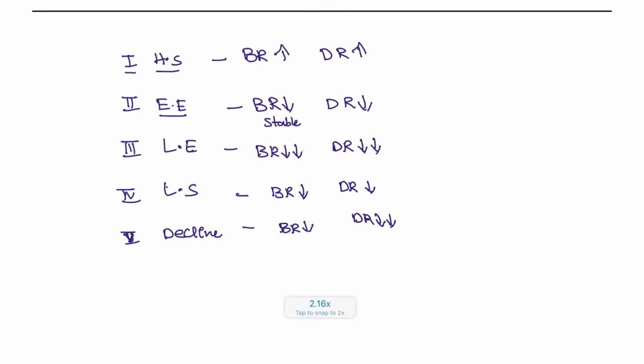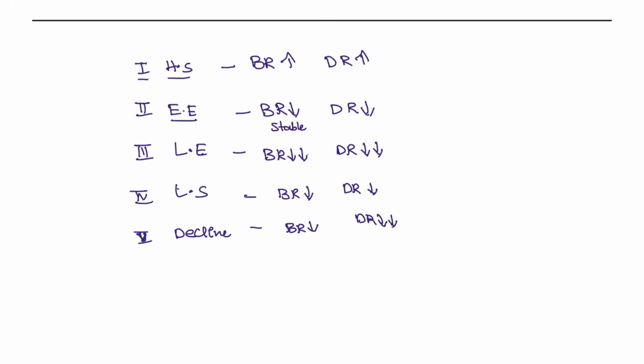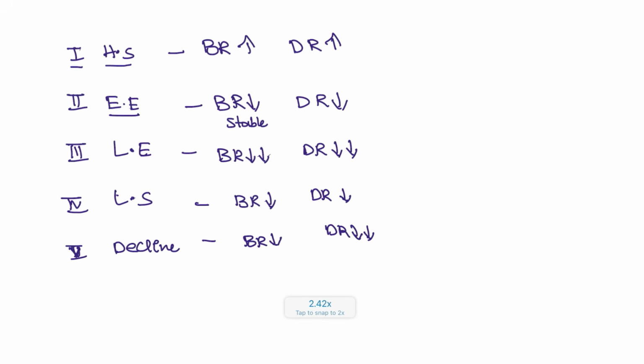So these are the features of the different phases. But what is important here? This is known as a trap. Why is it a trap? Because the birth rate is still stable. If the country continues in this phase, it can cause a severe economic crisis. That is the trap. And the maximum gap is seen between the death rate and the birth rate in the second phase.